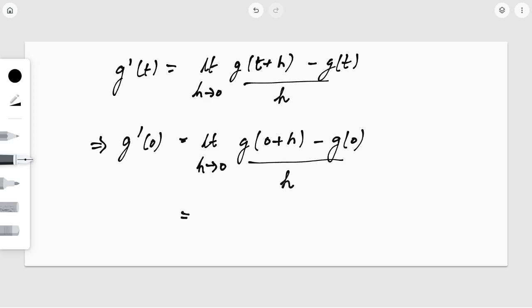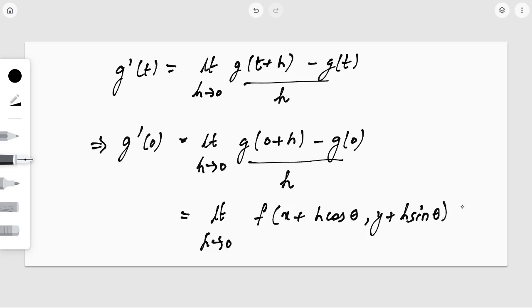Now what is g of 0 plus h? We will get it in terms of f. We get f of x plus, instead of t we substitute 0 plus h, that is h cos theta, comma y plus h sin theta, minus g of 0.